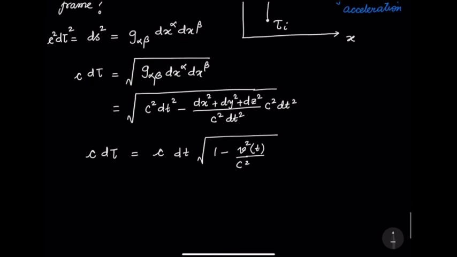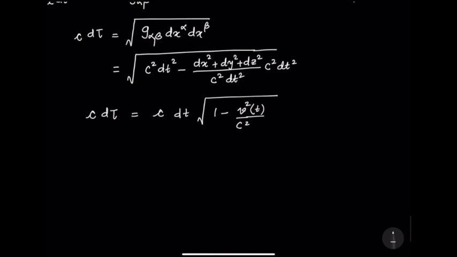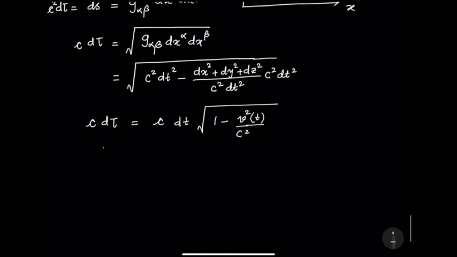And now I can actually do this integral to get the proper time. So I can calculate the proper time elapsed between initial and final as the integral from t initial to t final of dt times this entire thing.